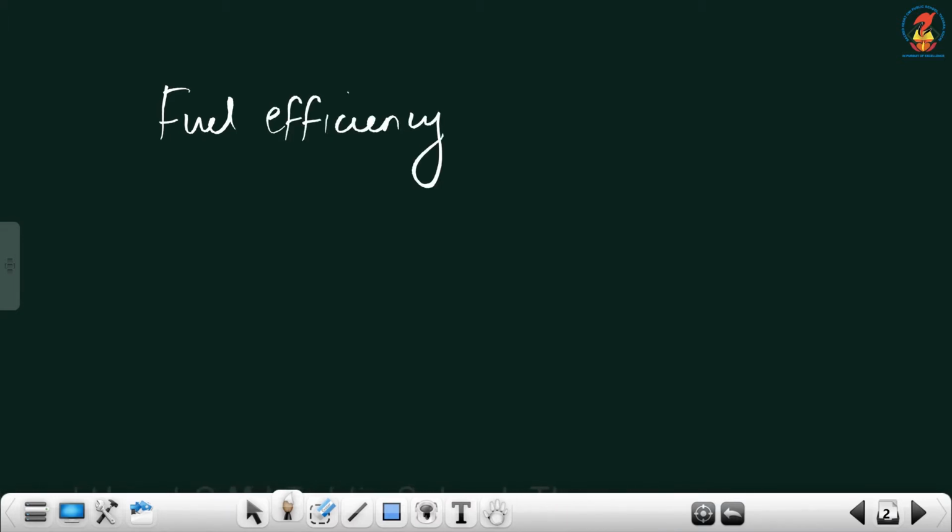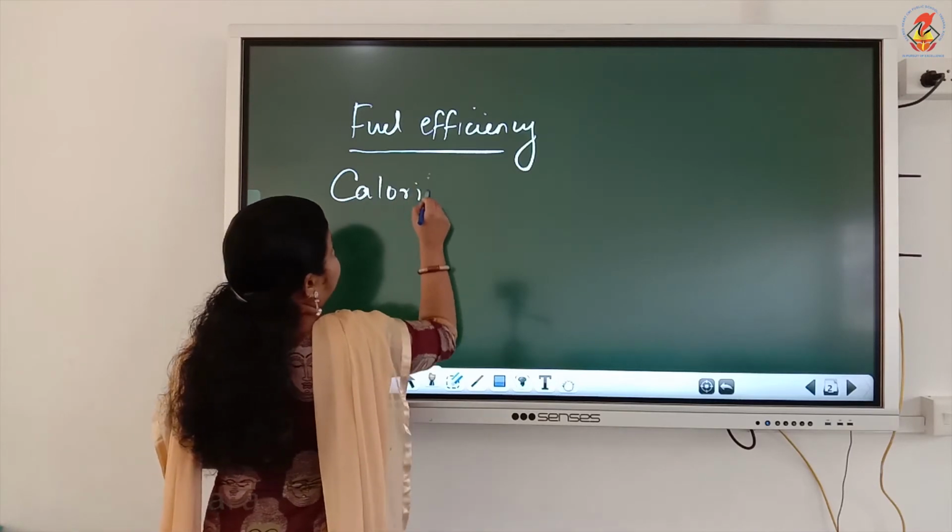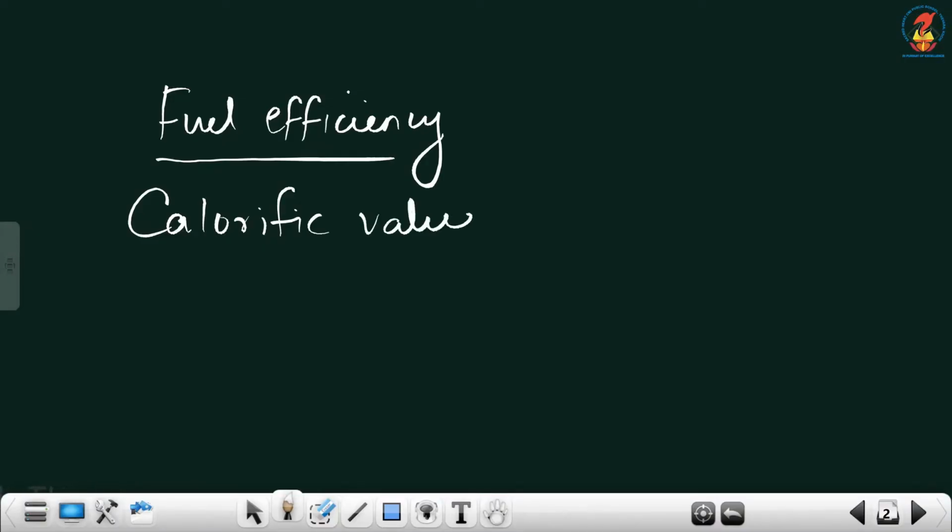Efficiency of a fuel, fuel efficiency, is expressed in terms of calorific value. So, what is the calorific value of a fuel?